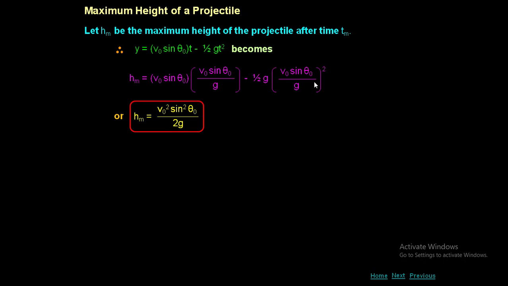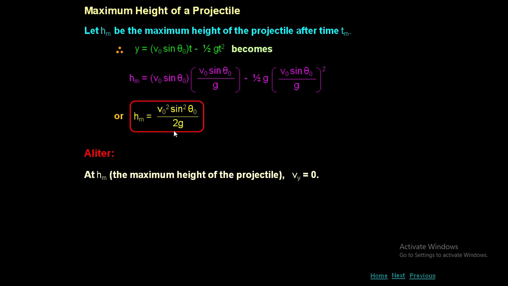If you substitute, you get hm, the maximum height, equal to v naught square sin square theta naught by 2g, because 1 minus half is nothing but half alone. That's the reason.